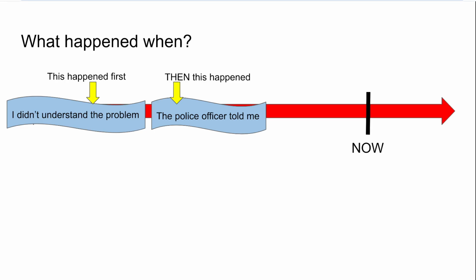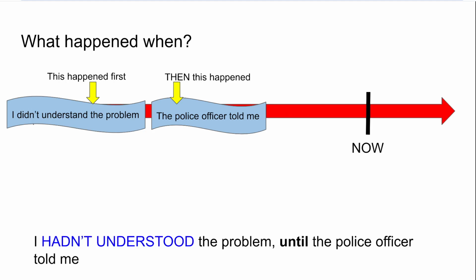So again, we can use a subordinator in a time clause and show, so I hadn't understood the problem until the police officer told me. Okay, so again, we're just using a nice simple time subordinator, until, and we are showing which action happened first.